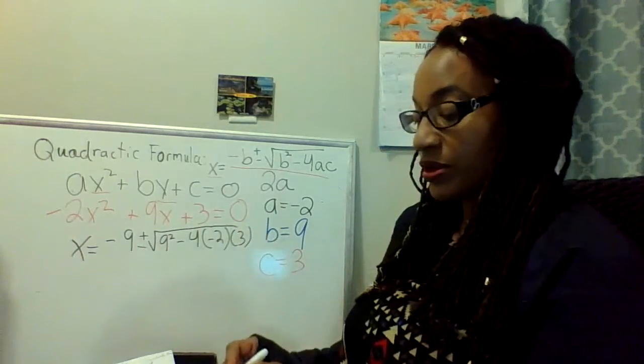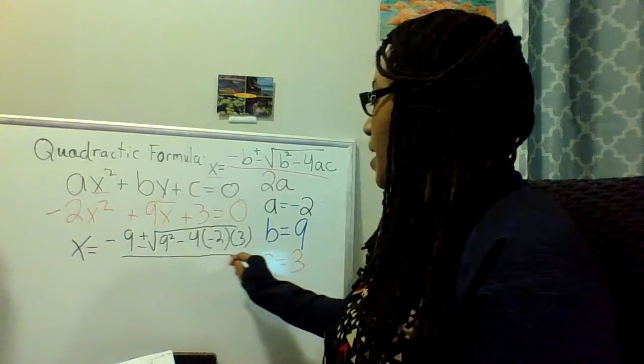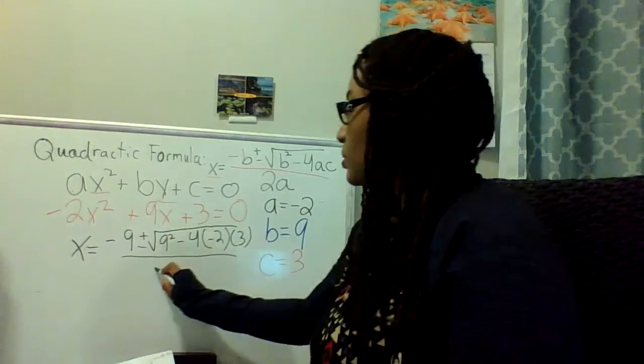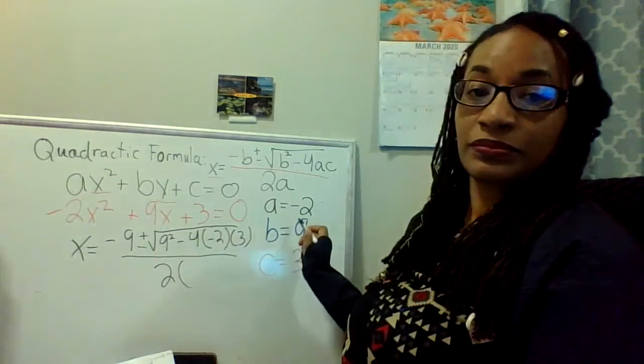Easy. We're just plugging stuff in, okay? And then it's divided by 2 times A. And what is A again? Minus 2.